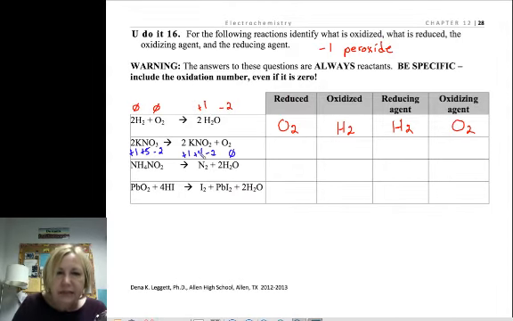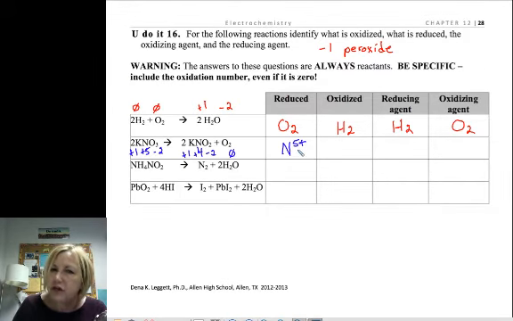Okay. The potassium stayed the same. The nitrogen went from +5 to +4. That is more negative, meaning we gave it electrons. Reduction is gain, OIL RIG. So I'm going to put the nitrogen with the +5 oxidation number. Be very specific.